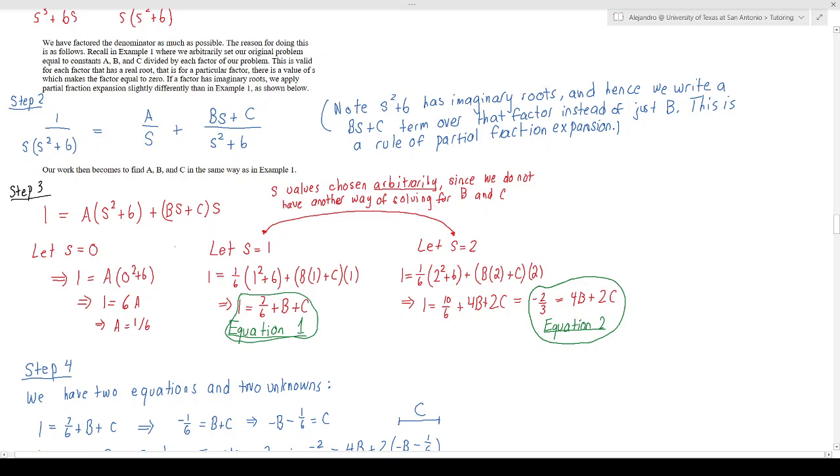In this case, we set s equal to 0, and we cancel out this entire term here. It makes it easy to solve for a, so we found a.